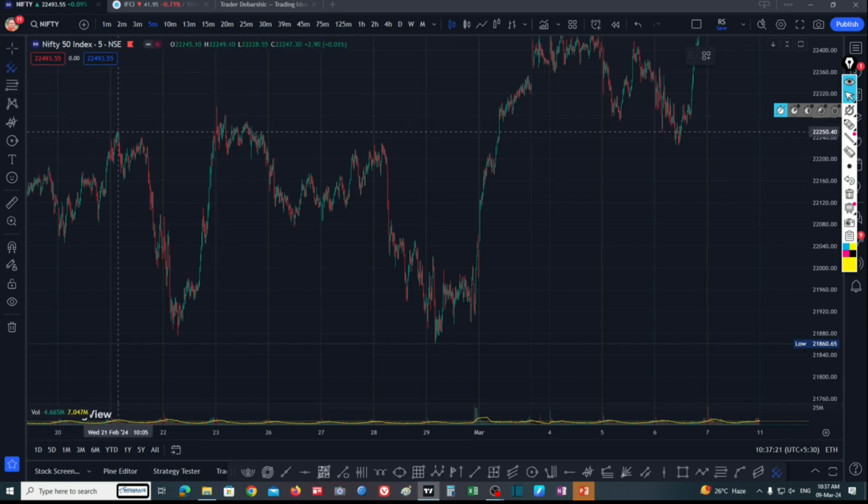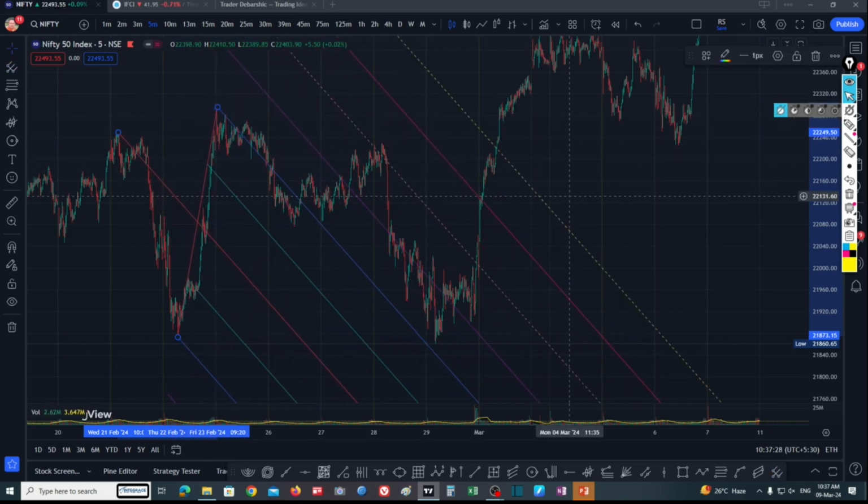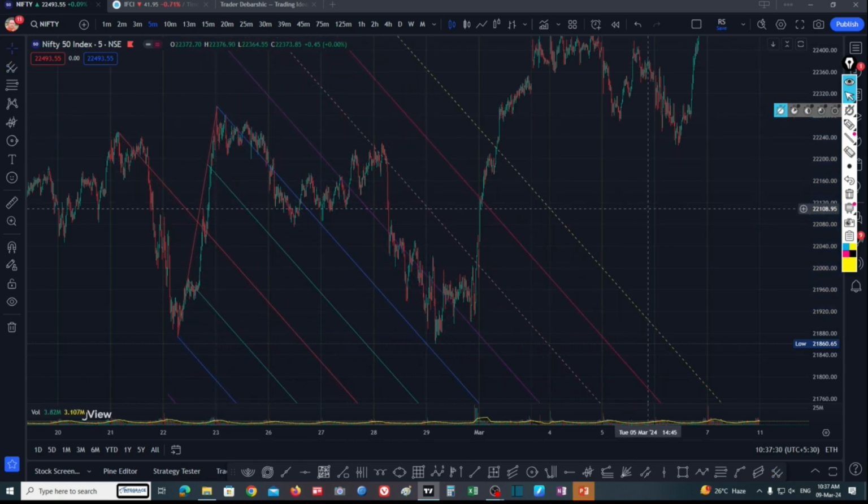If we connect this, this is the upper line and it started moving upside, and this is the warning line. Look at this, how it works.